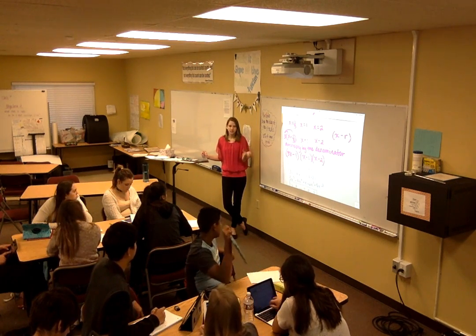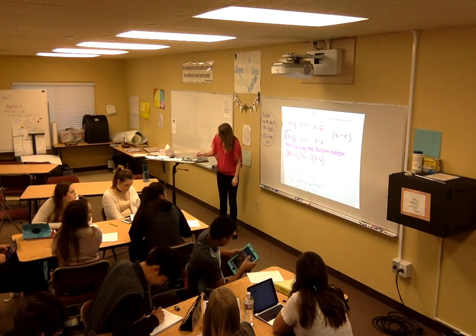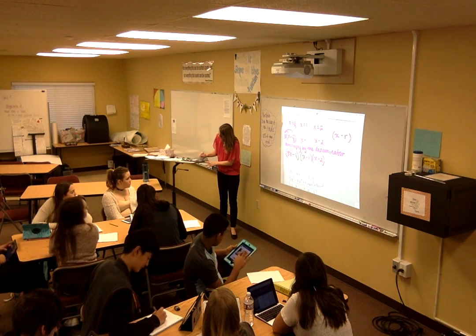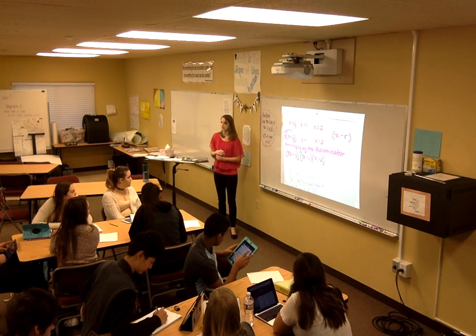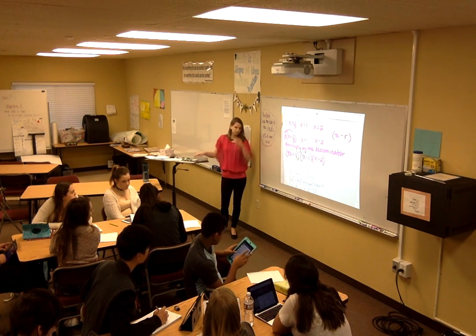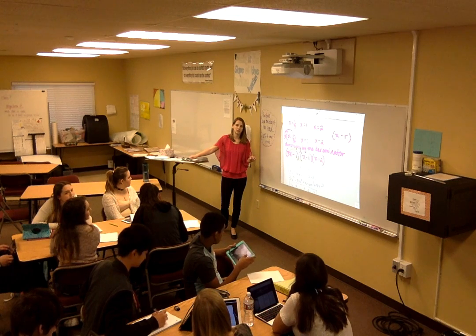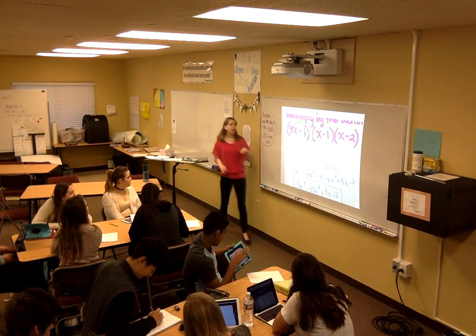FOIL. Yeah, lots of multiplying. I always like to use my arrows so I don't miss anything. But we can't use the box. Absolutely. Box. Do you want me to keep going, or did that help? Keep going? Okay. So, help me FOIL.